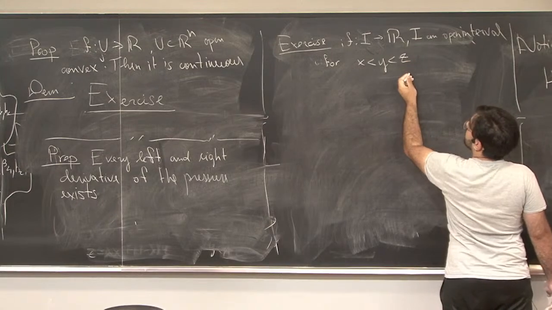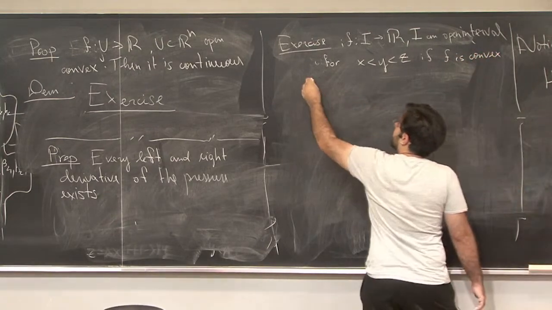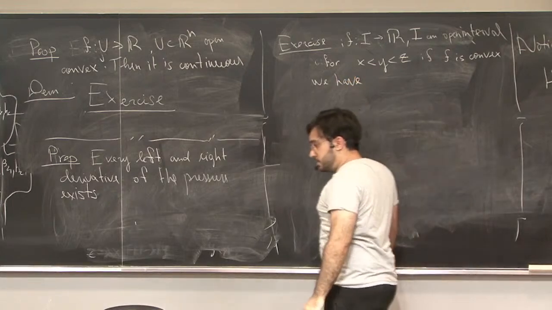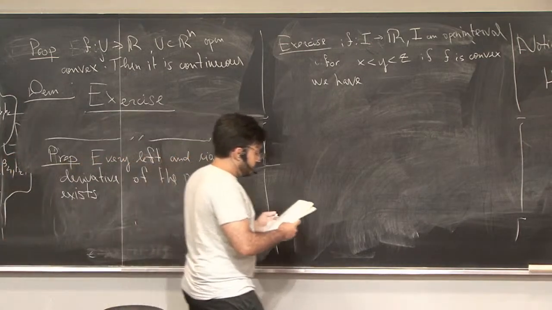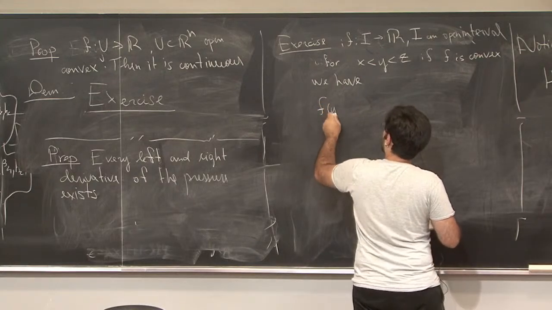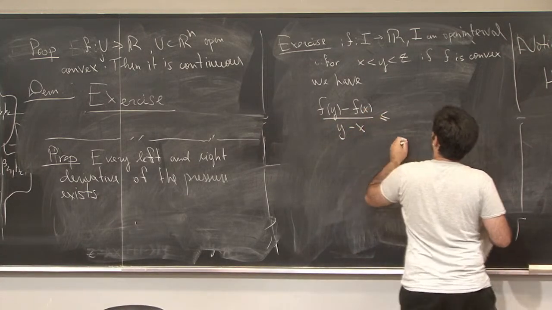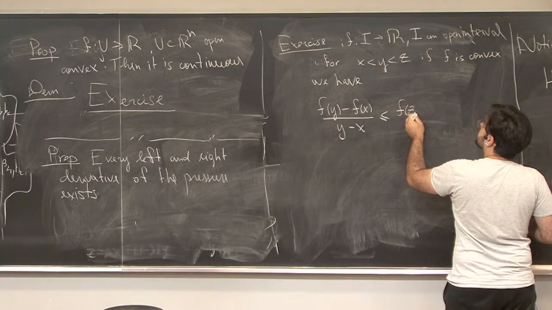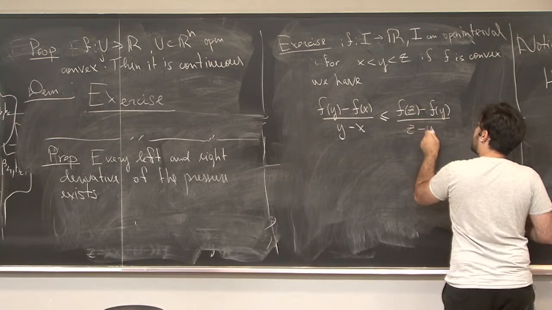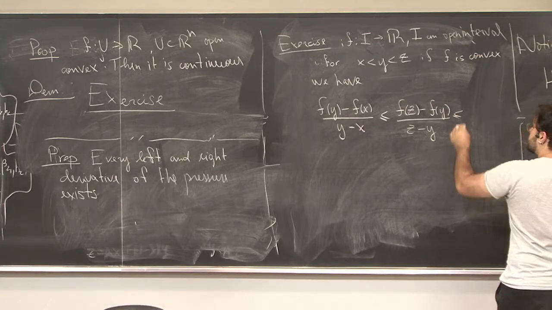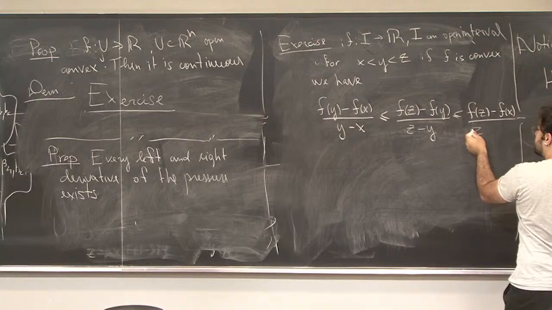Then if f is convex, we have the following chain of inequalities. (f(y) minus f(x)) divided by (y minus x) is less than (f(z) minus f(y)) over (z minus y), and this is less than (f(z) minus f(x)) over (z minus x).